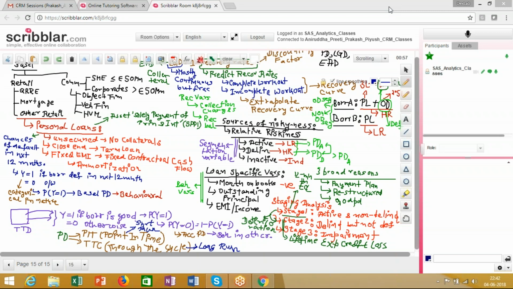So if you're thinking about through the cycle variables, think about variables which would not change over the entire business cycle. If the variable's movement is independent of macroeconomic fluctuation and cyclical behavior, then what you have is a through the cycle PD. And to ensure that the Basel PDs are through the cycle PDs, there is a restriction on the data requirement.